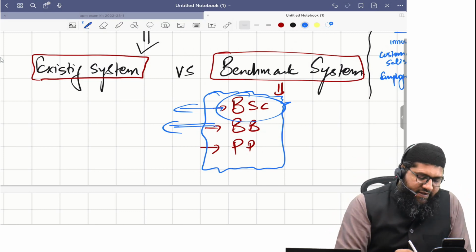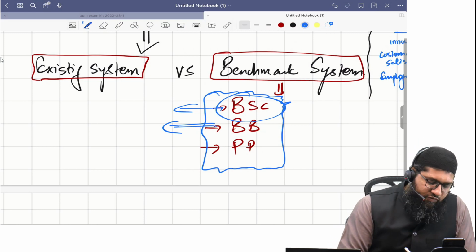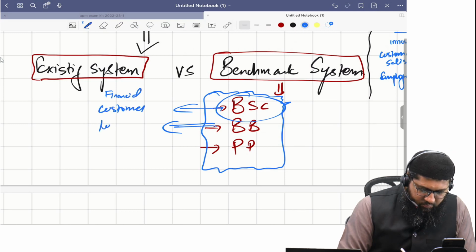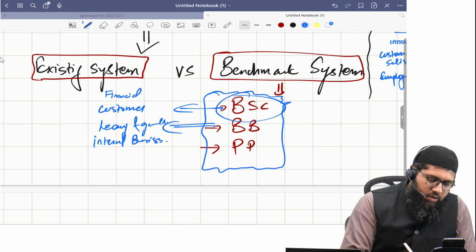What are they? The financial aspect, customer, learning and growth, and internal business.